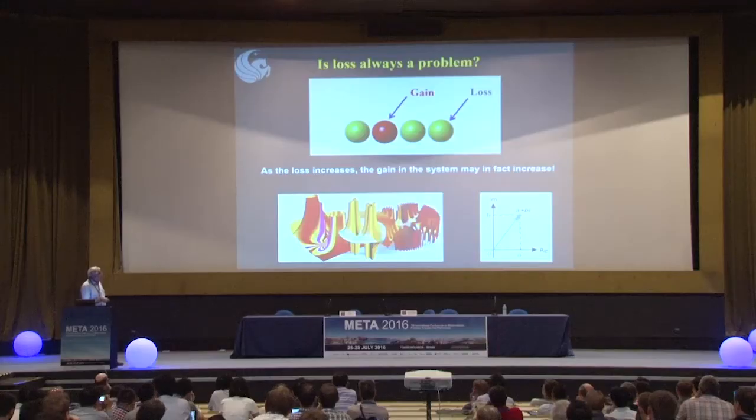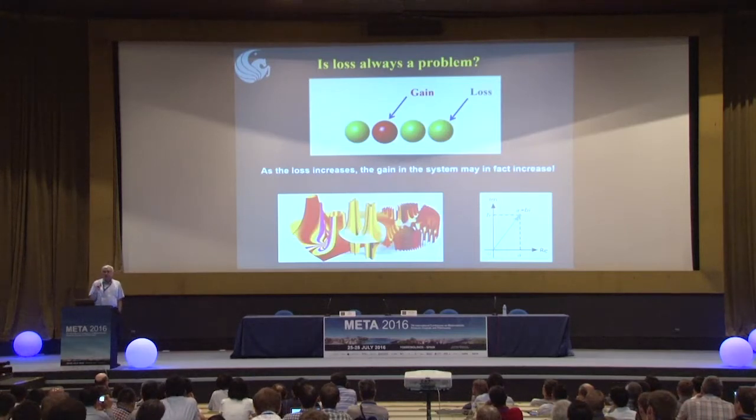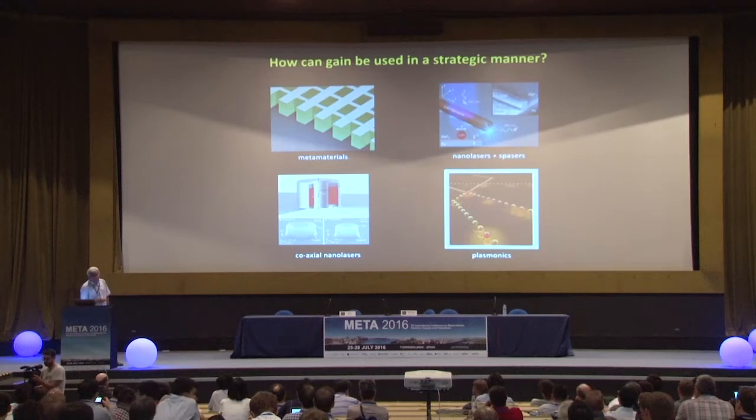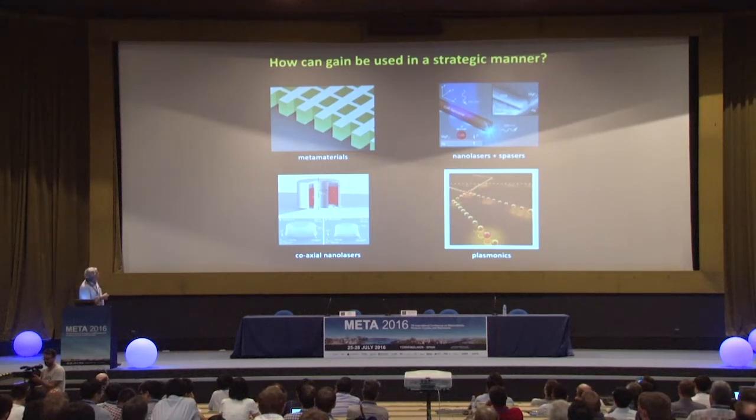Because of that, it's sometimes very difficult to tell what is best when it comes to issues that involve gain and loss. So clearly, we have to use gain in a strategic fashion, especially in areas like metamaterials.